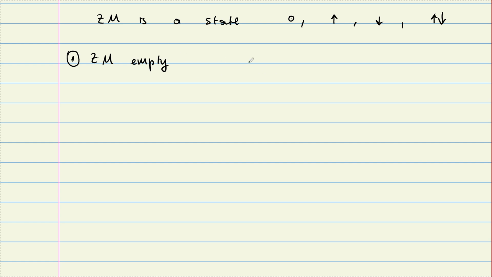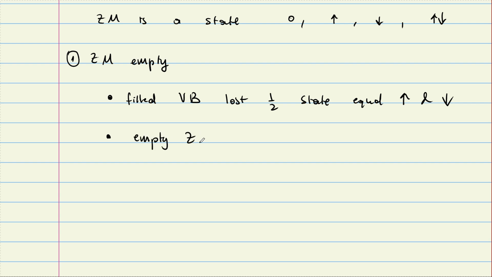But an empty zero mode means what? The filled valence band lost half a state, right? And a half state is equal up and down. So this is what we need to take into account. An empty zero mode, because this state is lost from the valence band.